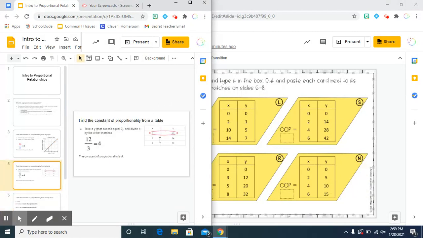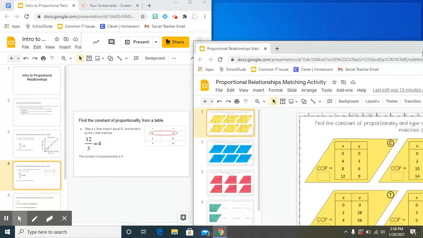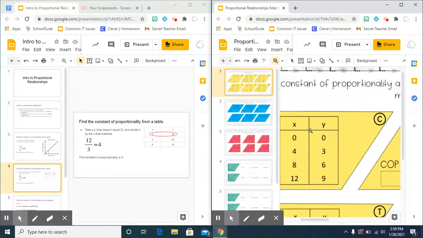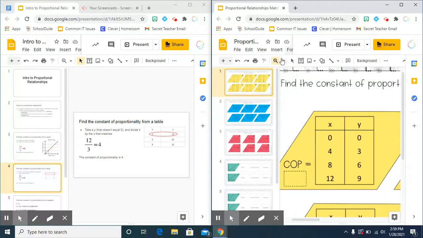I would take one of my y's and divide it by one of my x's, but neither of them can equal 0. So let me zoom in really quickly on this. Let's look at my y that's right below the one that has a 0, which in this case is 3. So you would do 3 divided by 4, which as a decimal happens to be 0.75.